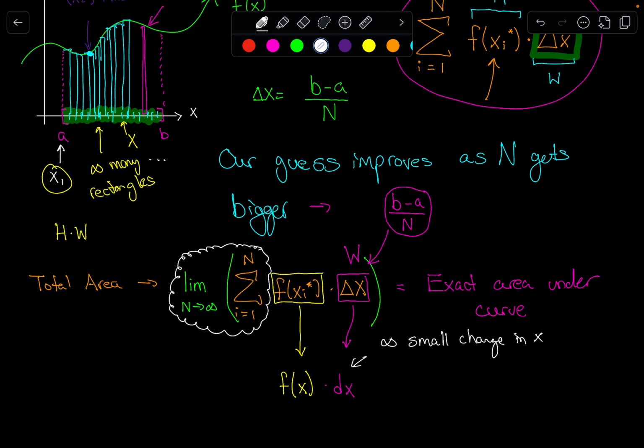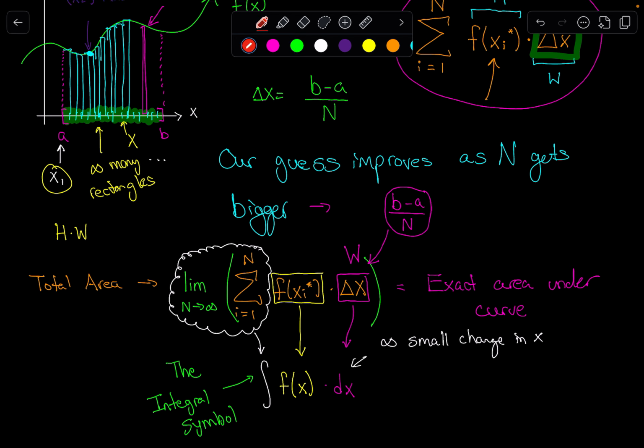It turns out that this represents itself in mathematics with this symbol right here, and we call this the integral symbol. Okay, and so that's what this means.